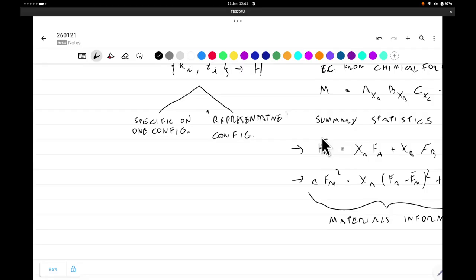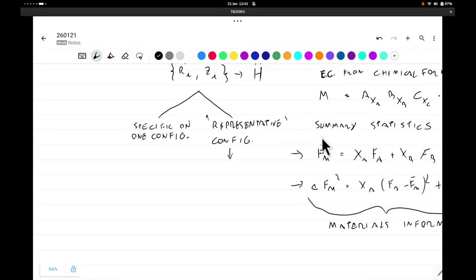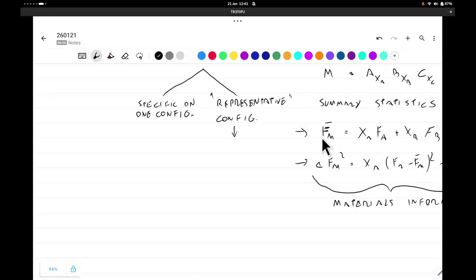So, a notable example of this representative configuration is the topology kind of representation. So basically you map your coordinates into some kind of graph, and you just use the connectivity among the atoms as an input.